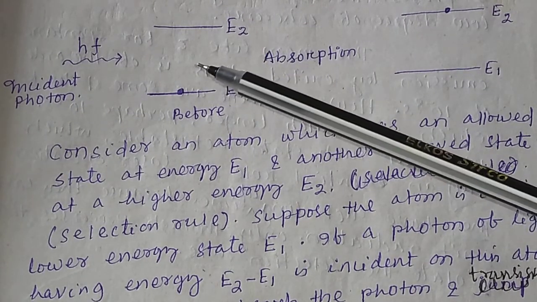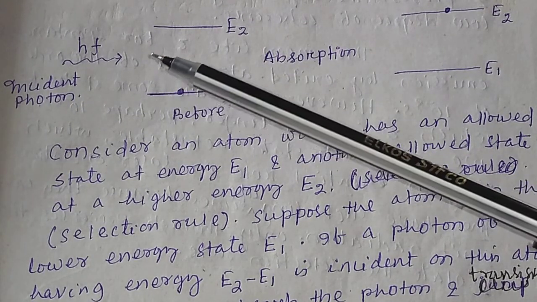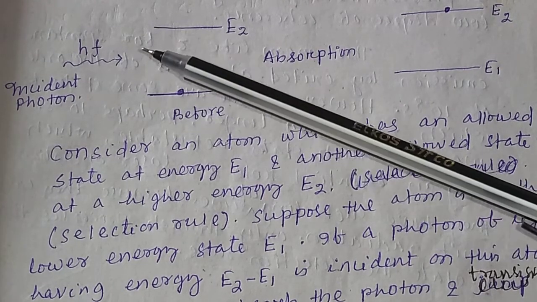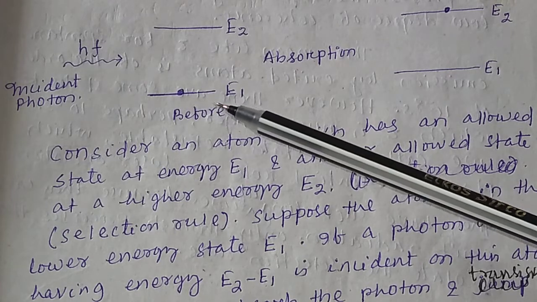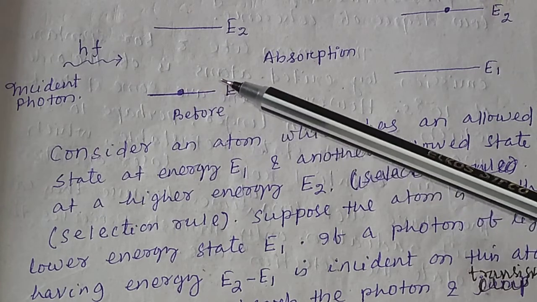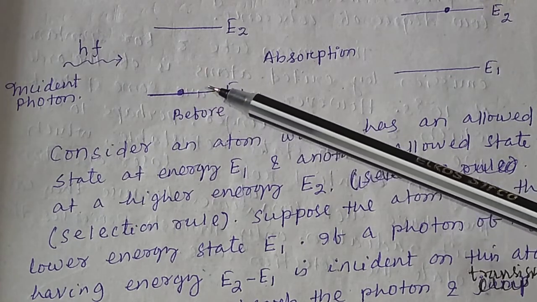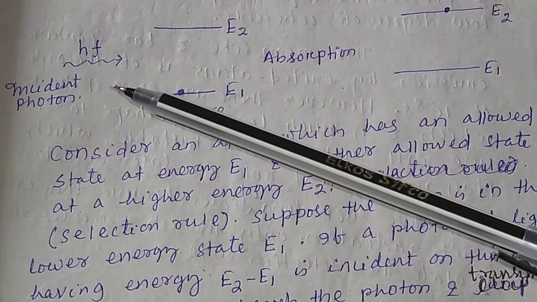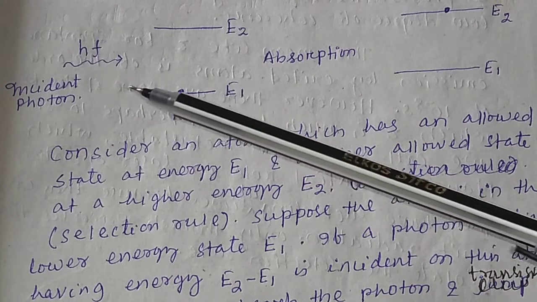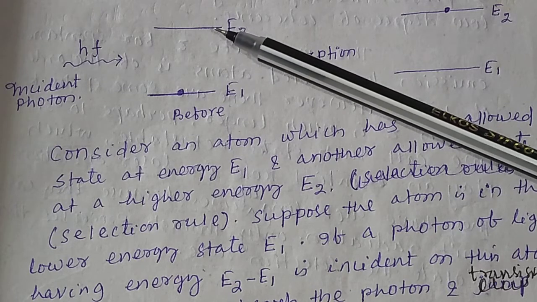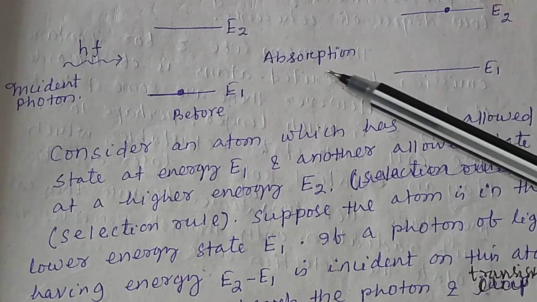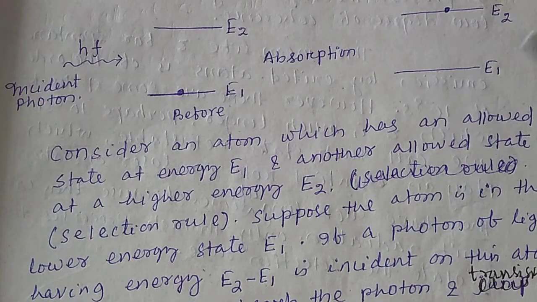If you make a photon of energy hf incident, where h is Planck's constant and f is the frequency of radiation, then what happens? The atom in state E1 will absorb the energy of this incident photon and go to the higher energy state, that is the state E2, and this process is called the absorption process.